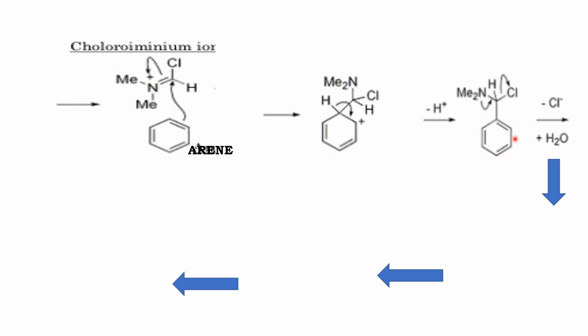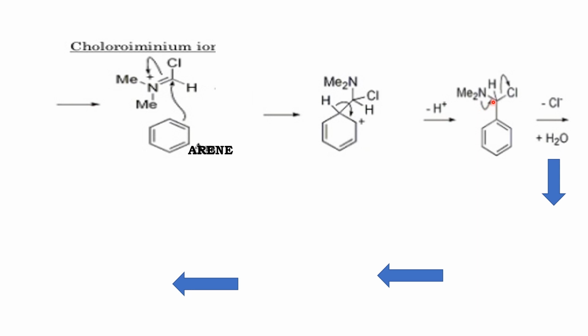A delocalized benzene ring to which a carbon-carbon bond is established with the iminium ion. Then chlorine is there, H is there, Me2 is there. Now the lone pair of electrons present in the nitrogen of this disubstituted formamide gets shifted here.